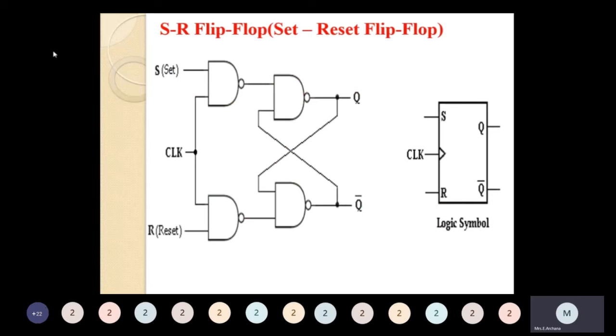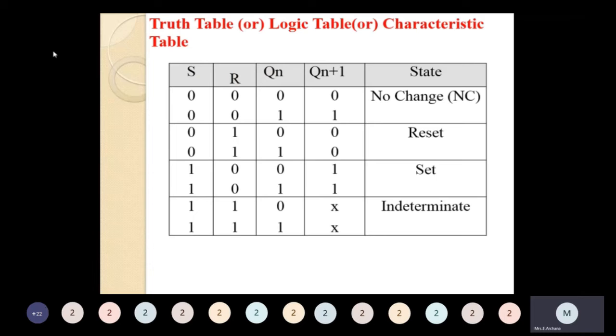The flip-flop depends on a clock signal. The clock signal is given as one of the inputs for the NAND circuit along with the S and R inputs. It will produce the present state Q and the next state Q dash, and the outputs are reversed. While we process this, we will get a logic table like this.